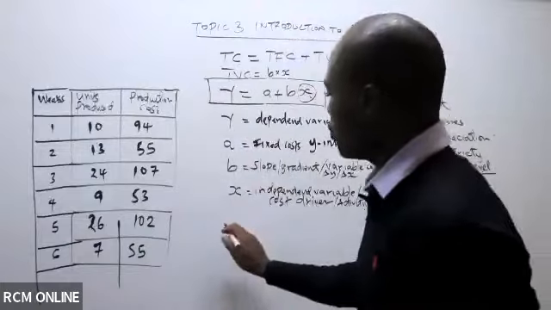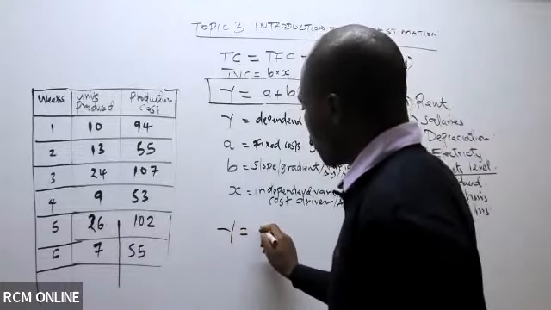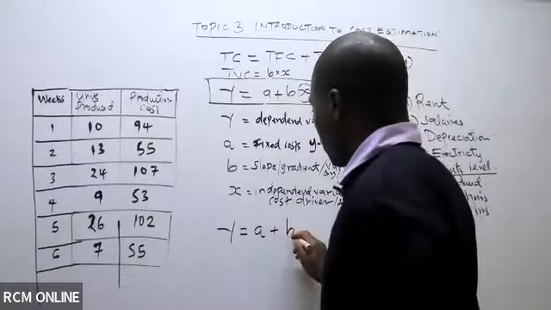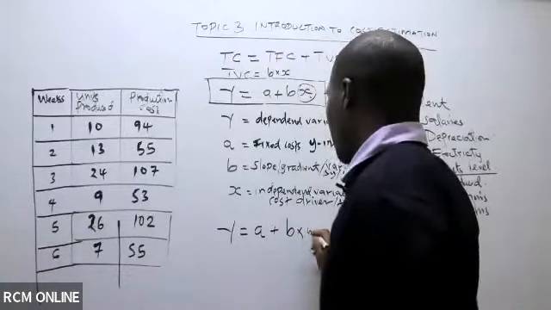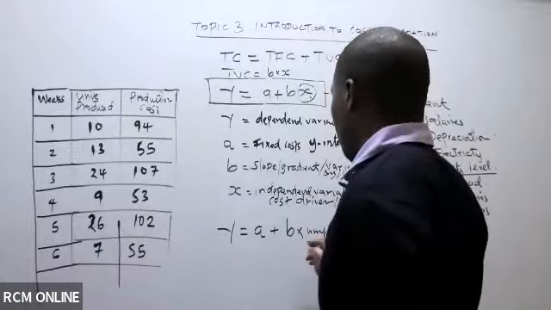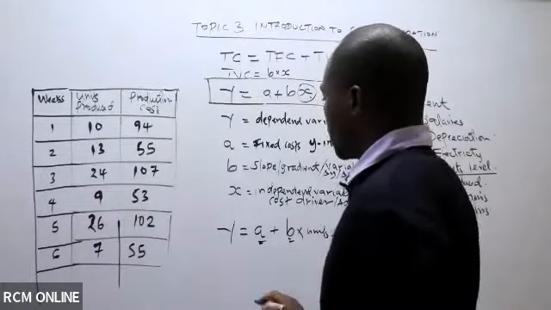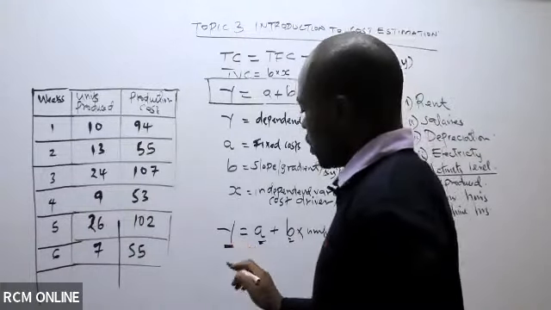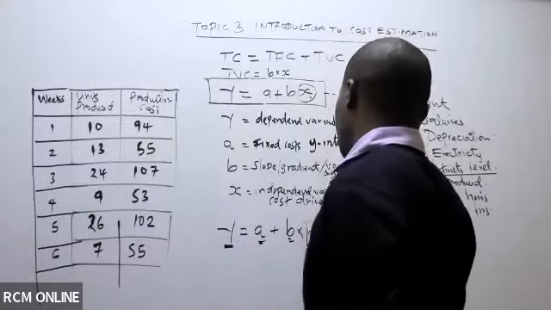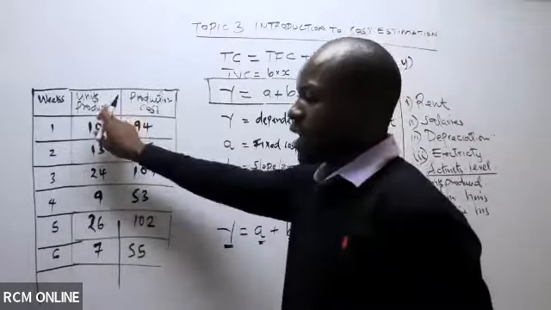Our cost function, total production cost, is equal to total fixed cost plus variable cost per unit multiplied by units produced. So this one is constant. This one is constant, which means any change in Y will be as a result of change in what? Change in units produced, which is X. So this is the independent variable.